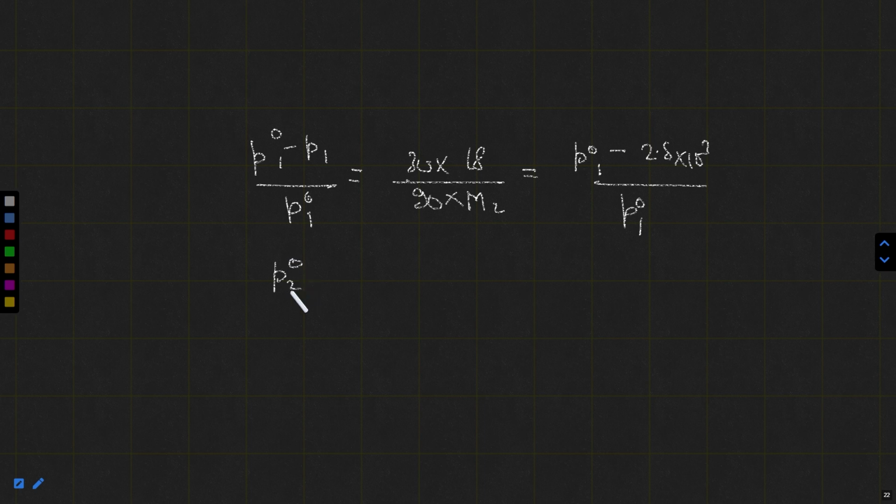For the second case, P02 minus P2 by P02 is equal to 30 into 18 divided by 108 into M2.